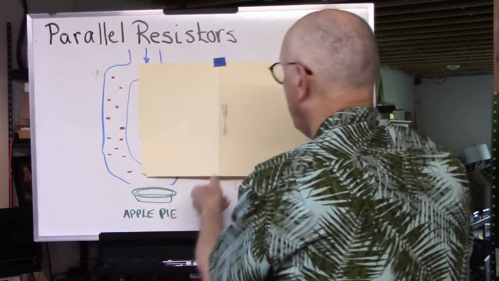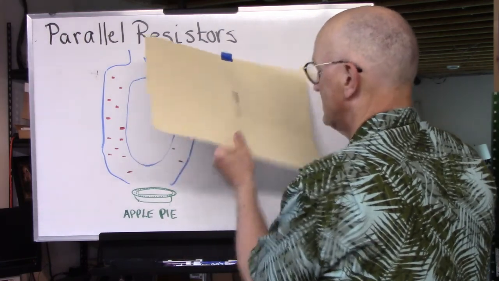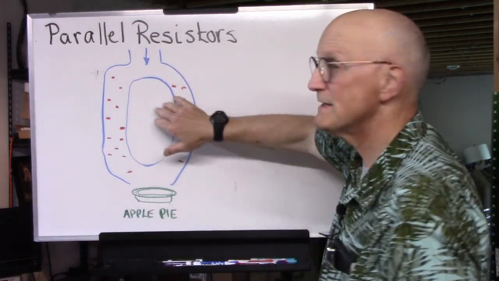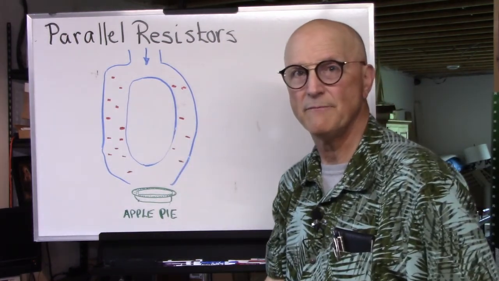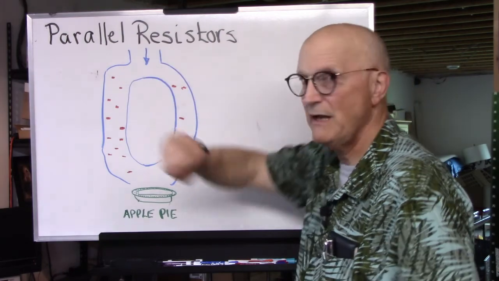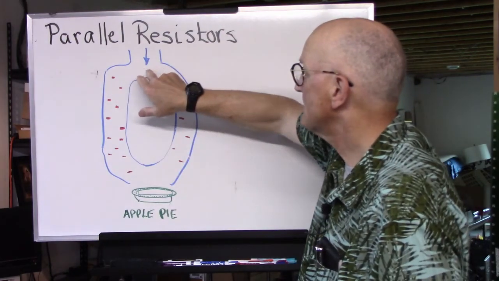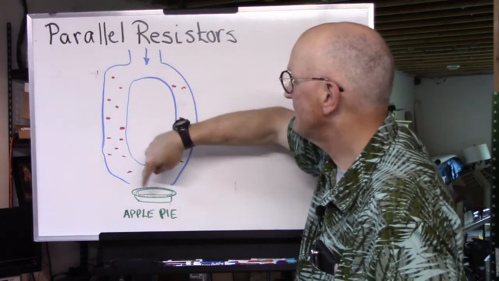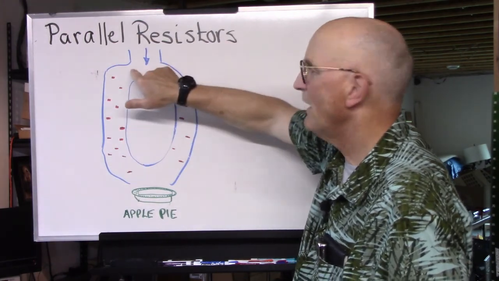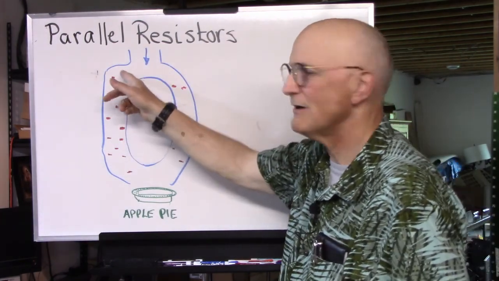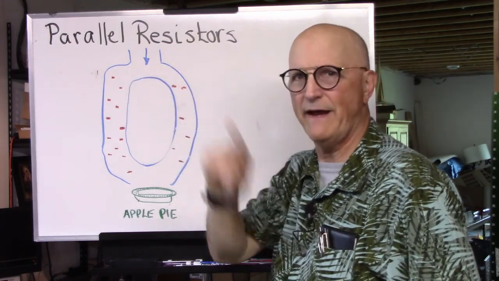When we're talking about a parallel resistor, we now have a second hallway in parallel to the original hallway. And so this bunch of people are standing here looking to get to the apple pie. Some are going this way, but others are saying, wait, this is all bunched up. Maybe this will be faster.